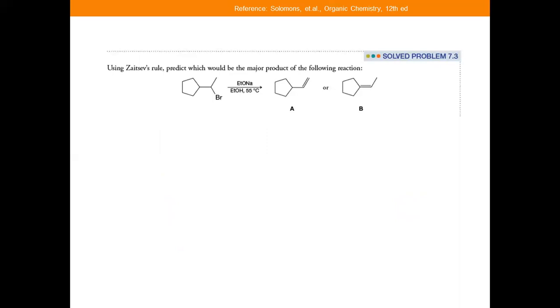Okay, before we end, can I ask a volunteer to answer this question? Using the Zaitsev rule, predict which should be the major product for the following reaction. This one is an elimination reaction. Can anyone tell which one would be the more stable or the major product for the reaction?